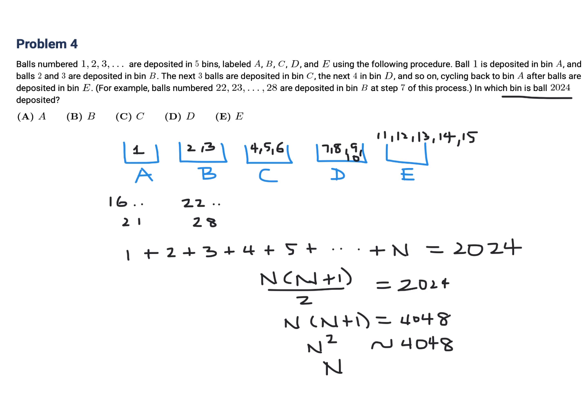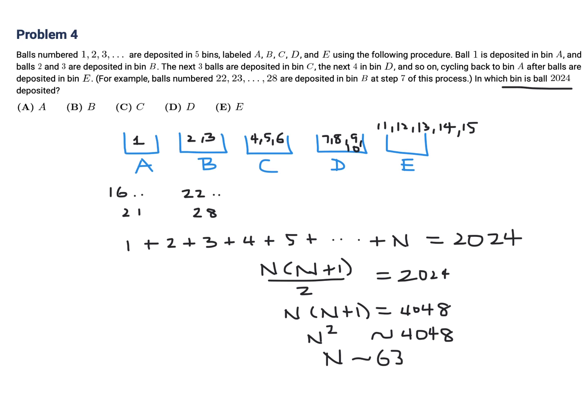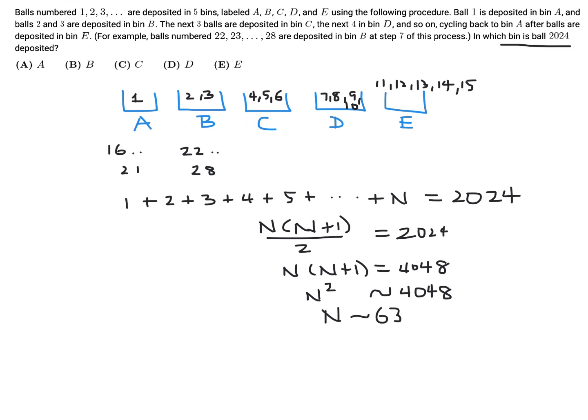And then if I take the square root, I'll get approximately 63. So that's not the actual value of n, but it's close to 63. So let's work with that. So if n is 63, that means that this expression would be 63 times 64 divided by 2, which is 2016. So that is sufficiently close to that guy.